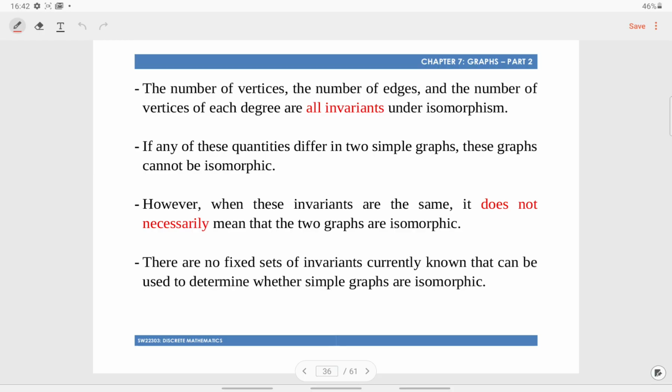There is no fixed set of invariants currently known that can be used to determine whether simple graphs are isomorphic or not.